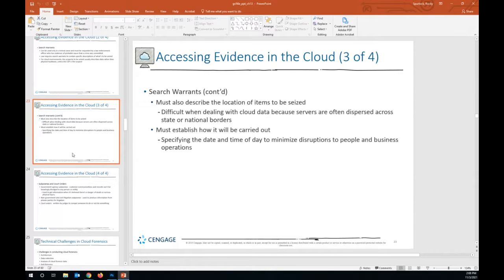Another is that you must have the location of items to be seized, which is difficult when your cloud servers may be located across different states, different nations. It must also establish how the search warrant will be carried out, specifying the date and time to minimize disruptions to people and business operations.